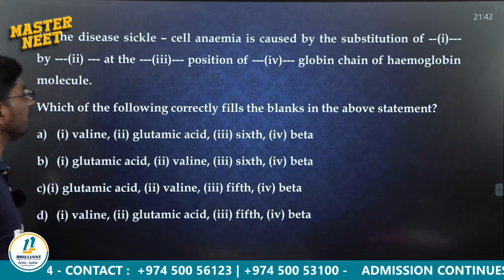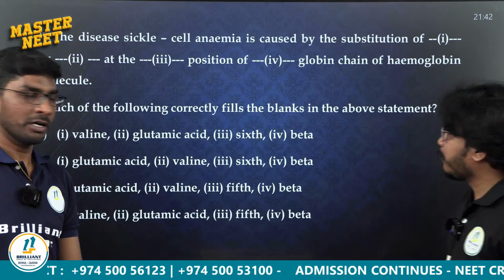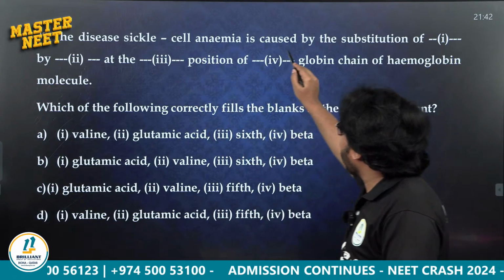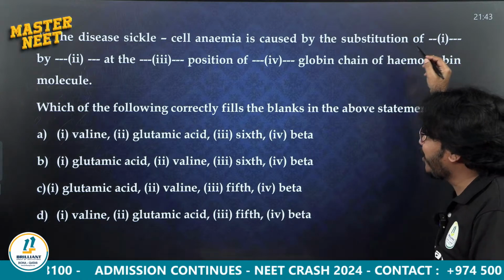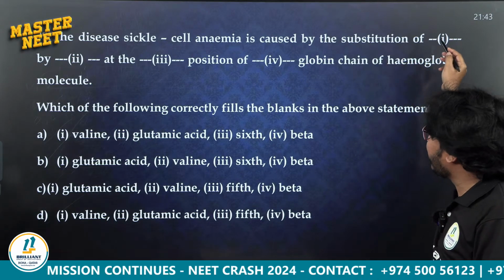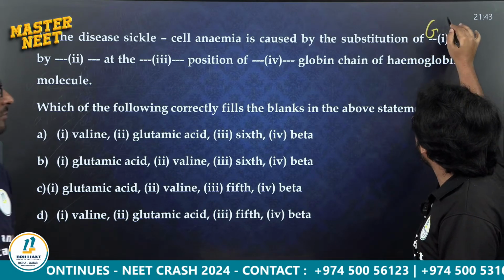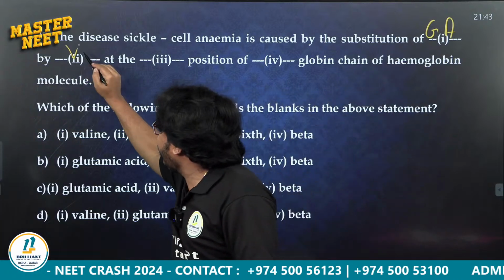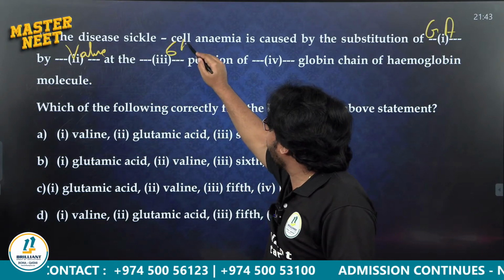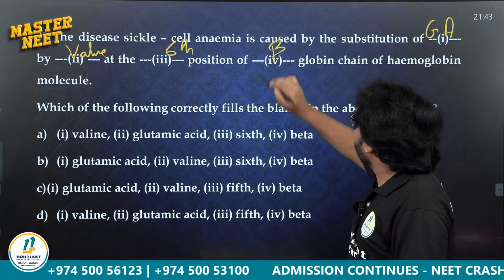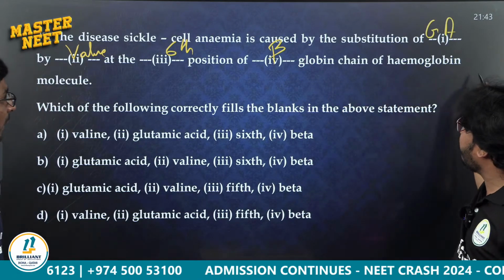Can you look at this question? Very easy. The disease sickle cell anemia is caused by the substitution of, already we have done this question. Here you can see which one is getting replaced. Glutamic acid will be replaced by valine, and at which position? It is replaced at the 6th position of the beta globin chain of hemoglobin.